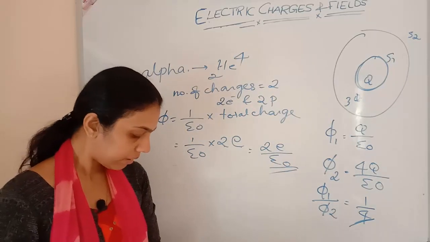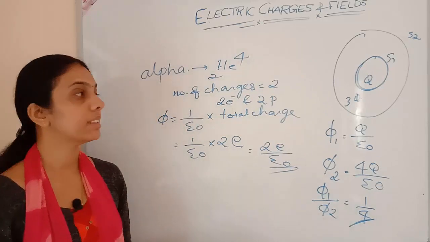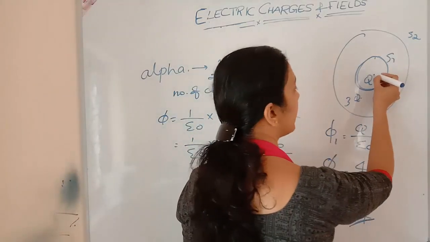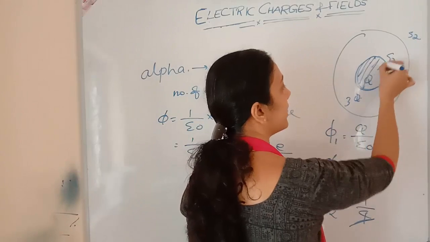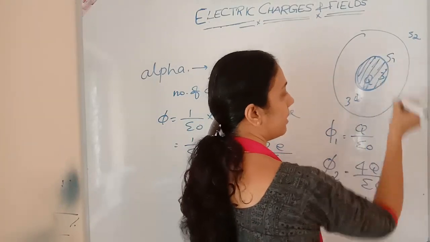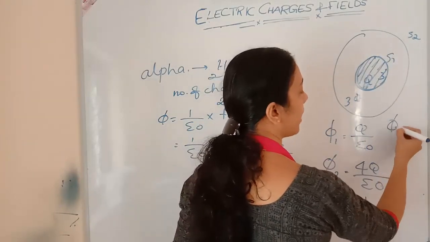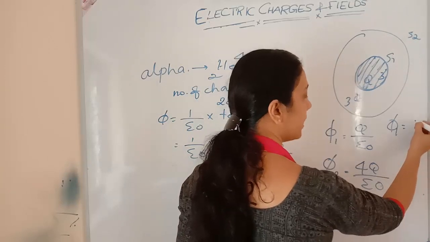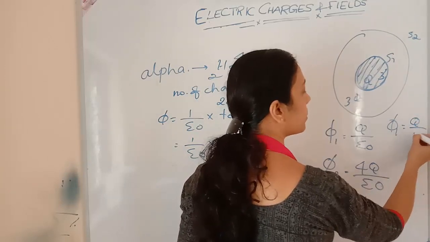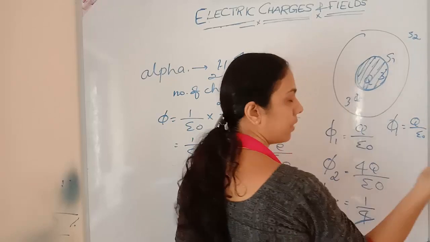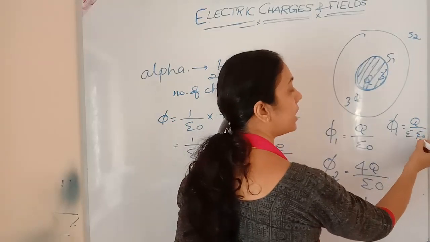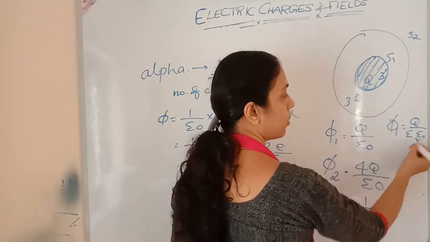Okay, if it is replaced by a medium with dielectric constant 3, the flux will be equal to the total charge enclosed divided by epsilon 0 if it is vacuum. If a medium is there, it means epsilon r epsilon 0.